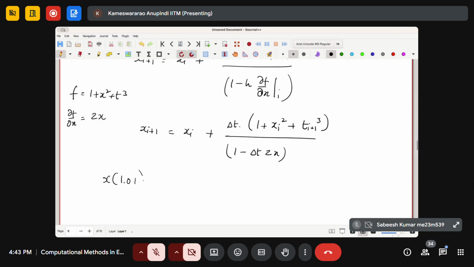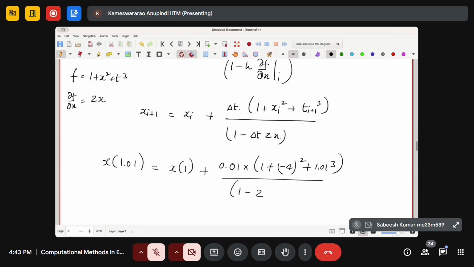x(1.01) equals x(1), which is minus 4, plus 0.01, which is the delta t, times 1 + (minus 4) squared + 1.01 cubed, divided by 1 minus 2 times, this is x_i, minus 2 times minus 4 times 0.01.